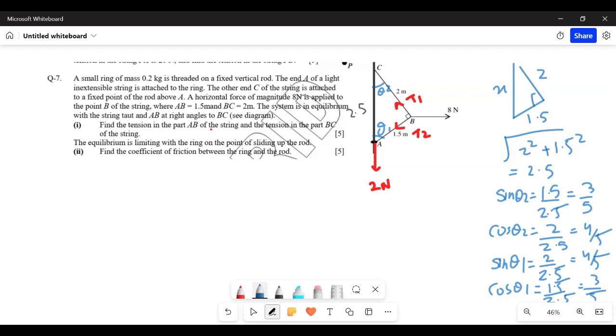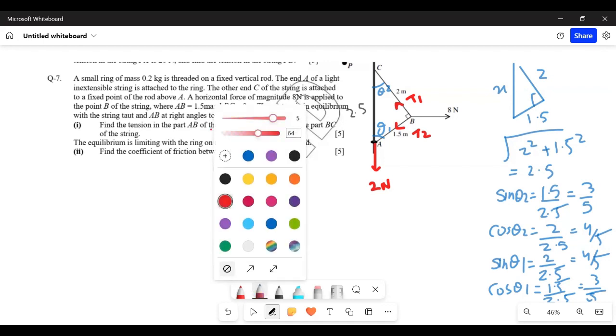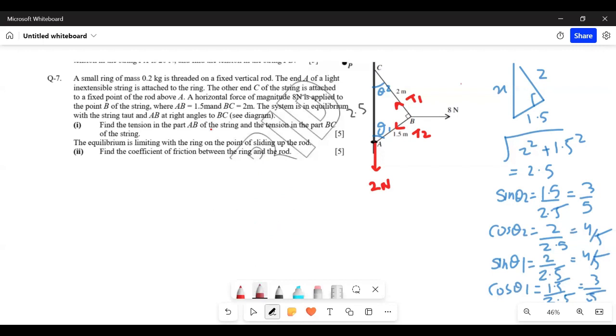Okay. Let's resolve the components of tension. There's going to be a tension in this direction, and a component of tension in this direction to complete the triangle.